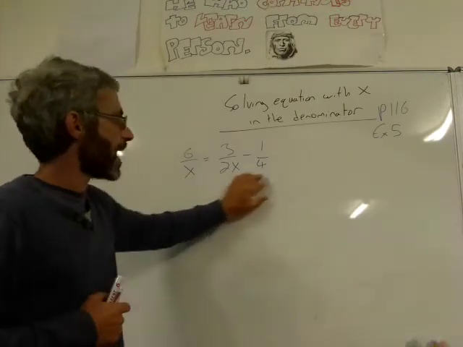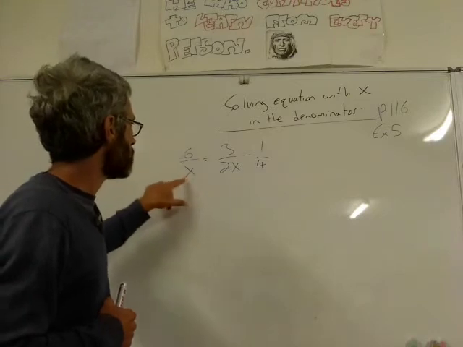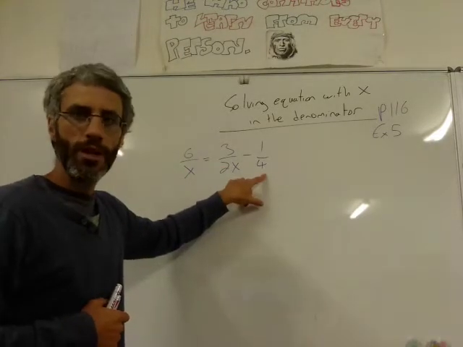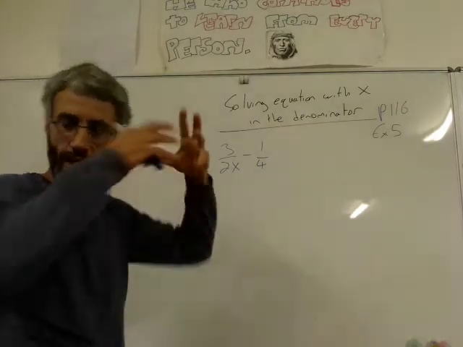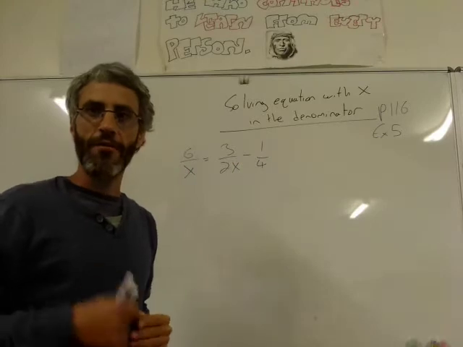Normally we only had numbers here, but now we also have an x. So what will be the lowest common denominator of x, 2x, and 4? You've got to think about an algebraic expression where all these denominators fit in.